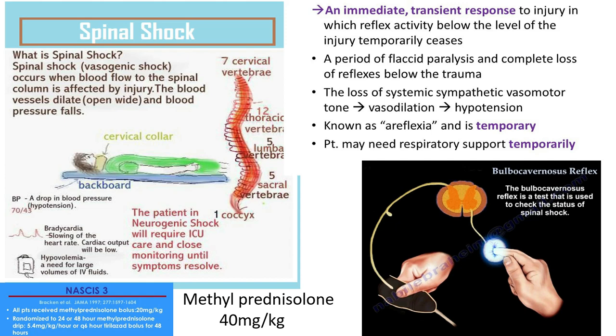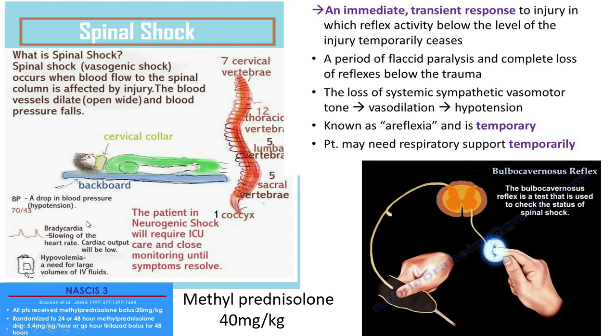Now, one special topic is called spinal shock. It most commonly occurs after any sudden cervical spine injury. It can also be associated with vasogenic shock, which occurs when blood flow to the spinal column is affected by injury. The blood vessels dilate or open wide, and the blood pressure will fall.